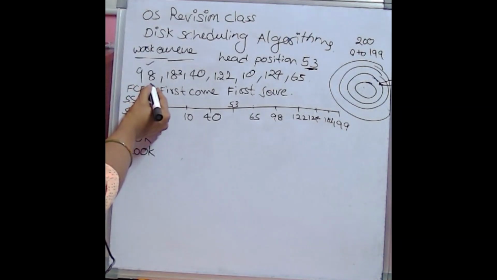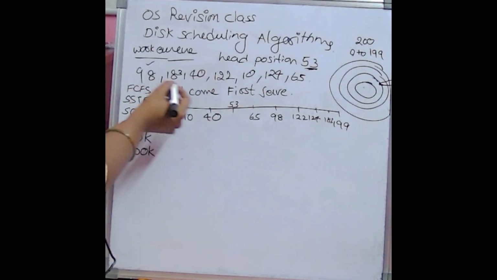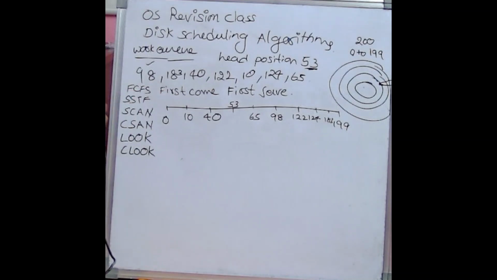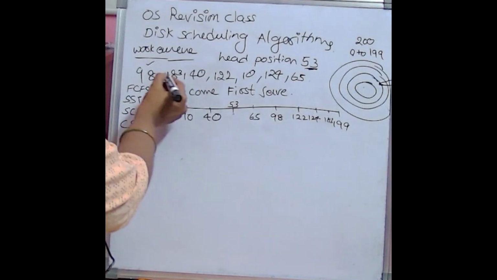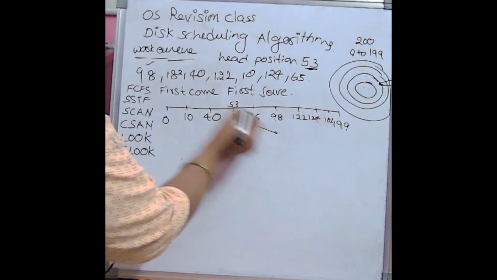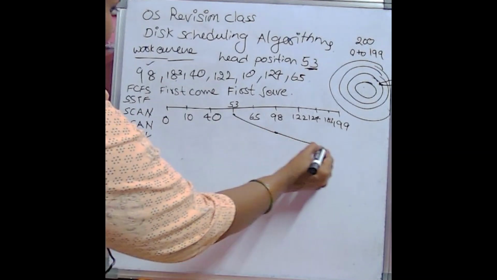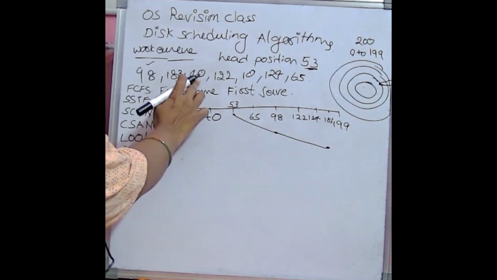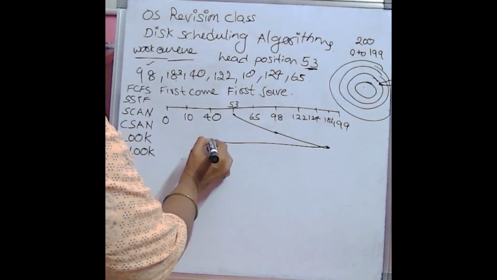According to FCFS, first come first serve, it serves the first request in the work queue. From the current position it moves to the first request, 53 to 98. After that, the next request is 183, and it moves there. The next request is 40, and the head moves to that position.